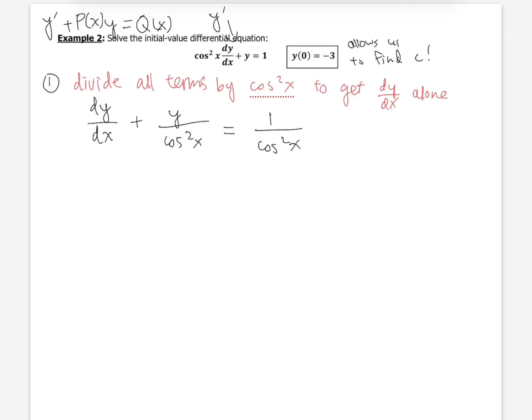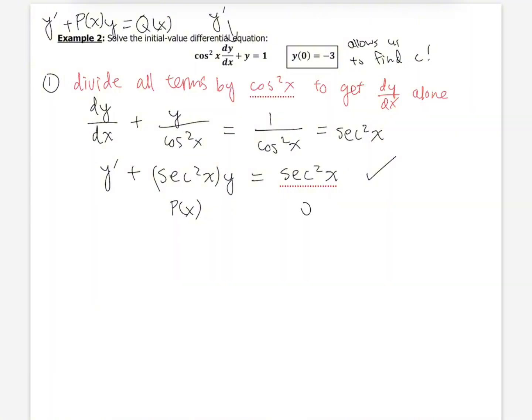And what is 1 over cosine squared x? That is the same as secant squared x. So we have y prime plus secant squared x times y equals secant squared x. Now, is this in our standard form? Yes, it is. Because we have our y, we have our p of x, we have our q of x.